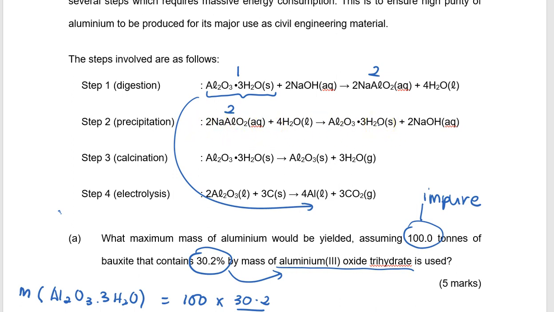So 2 moles of this produces 1 mole of this. I also have 2 moles, so I will also produce 1 mole. Again, I bring this forward to my third step, where 1 mole of aluminium oxide trihydrate produces 1 mole of aluminium oxide.